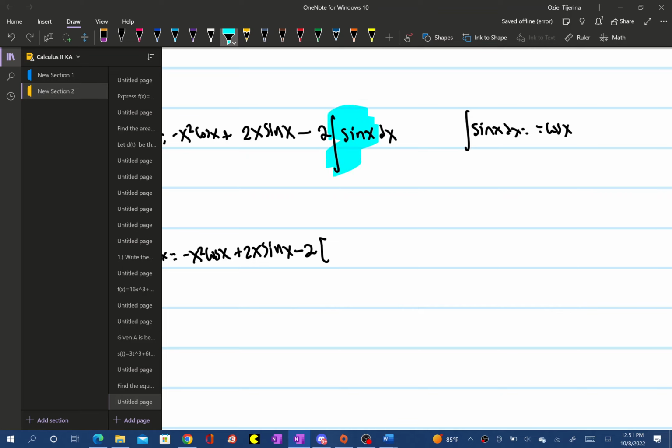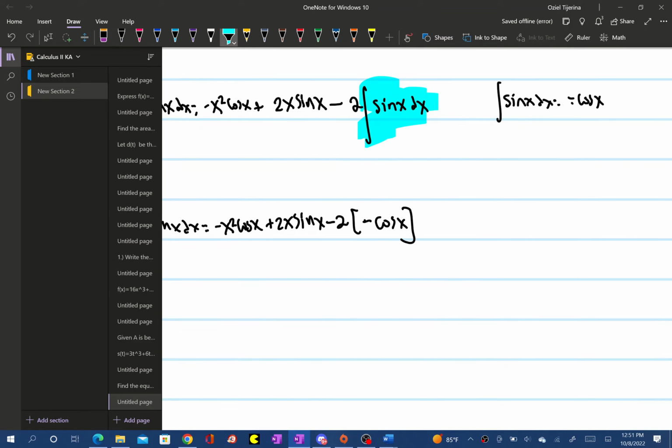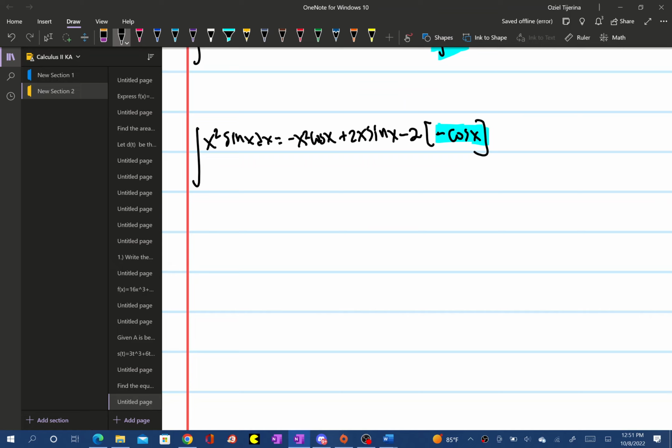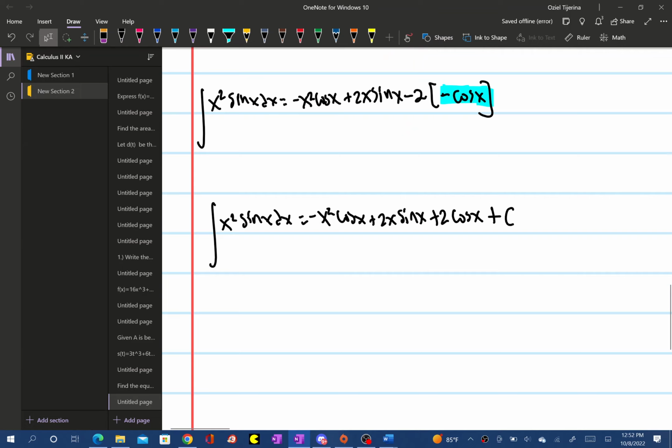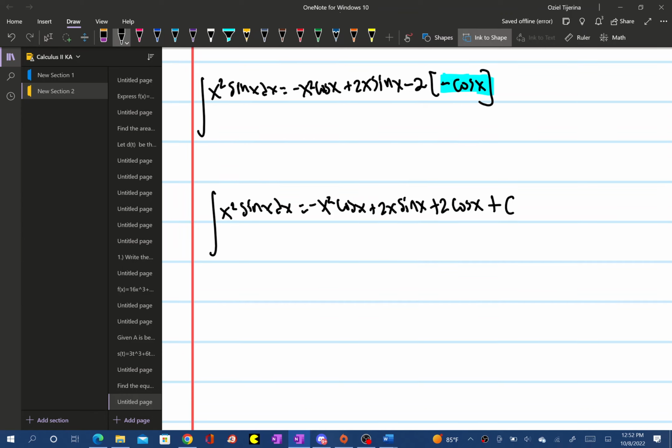Using some algebra to clean it up, the integral of x squared sine x dx is equal to negative x squared cosine x plus 2x sine x, and then negative 2 times negative cosine is just plus 2 cosine x. And don't forget the constant, so plus the constant of integration c. So this, guys, would be the final answer for this problem.